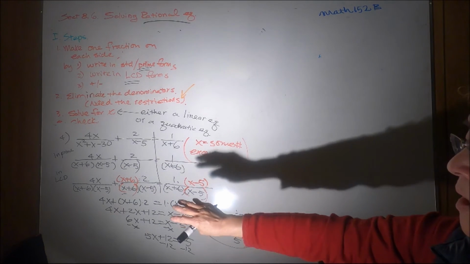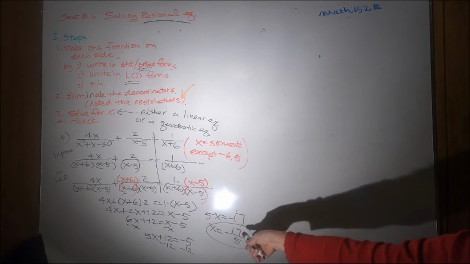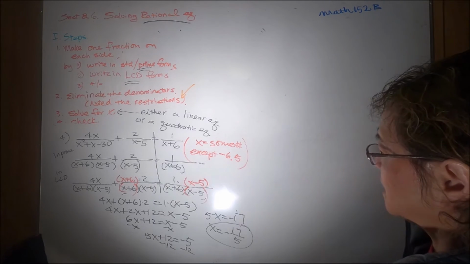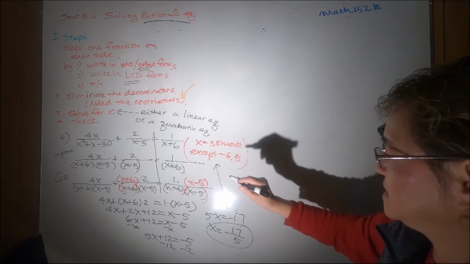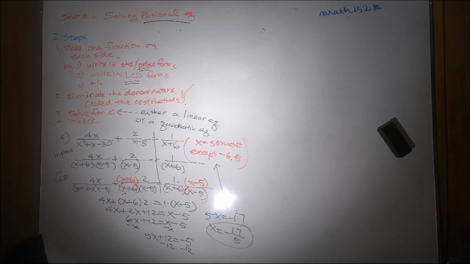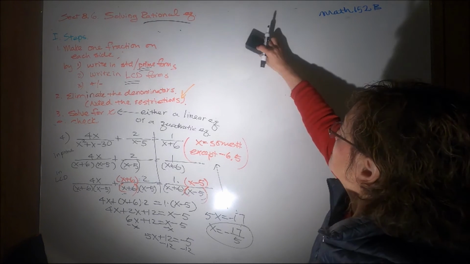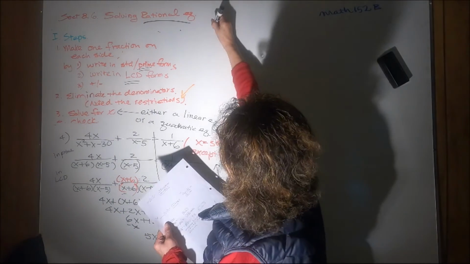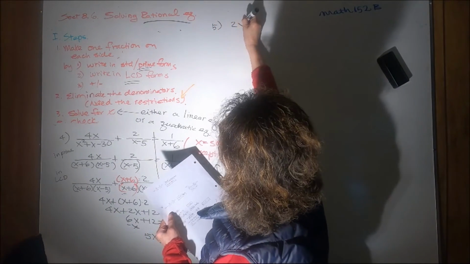So if you do everything right, then you know you can circle the answer by checking against the restrictions. Right? Let's look at the next one on your page 30. Number 5.